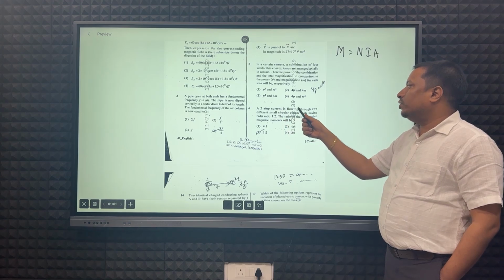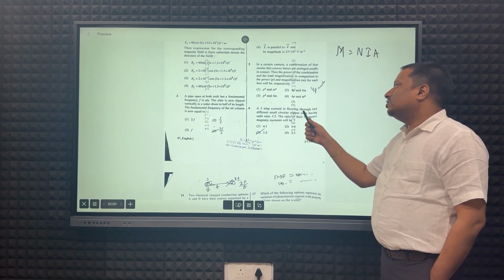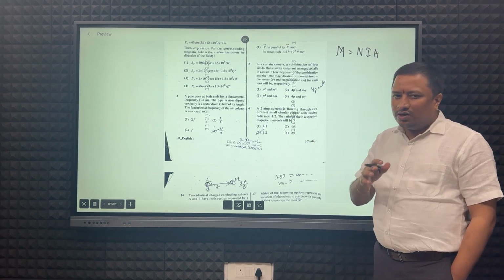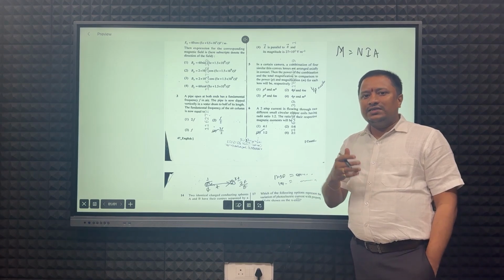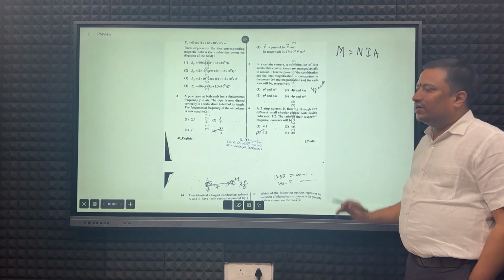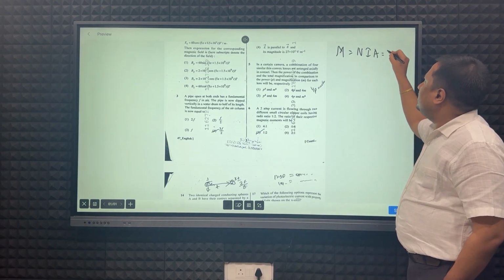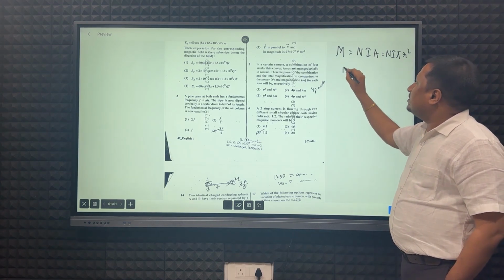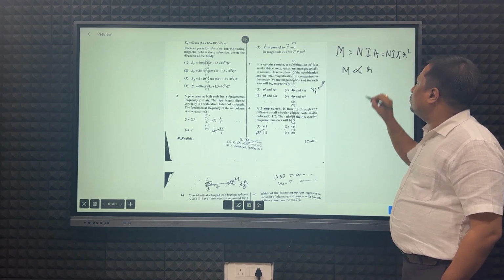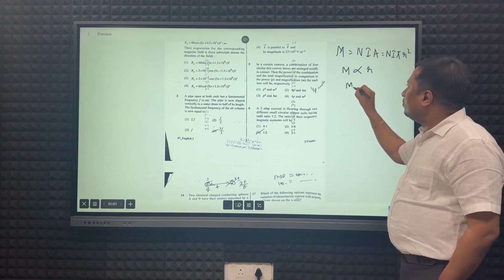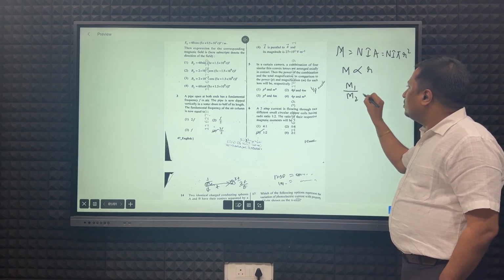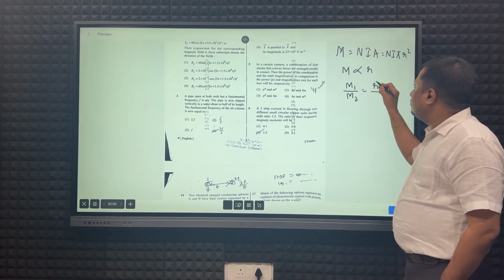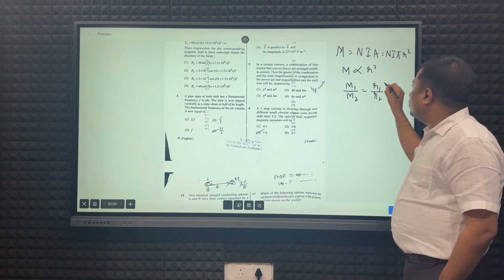2 ampere current is flowing through 2 different small circular copper coil. Now number of turn is same, current is same, only the radius is different. Please tell me, can I write it as Ni into pi r square? Can I say magnetic moment is directly proportional to r square? Can I write M1 by M2 will be equals to R1 by R2 whole square?